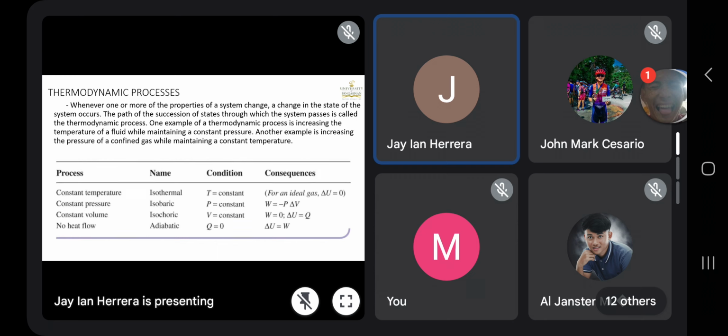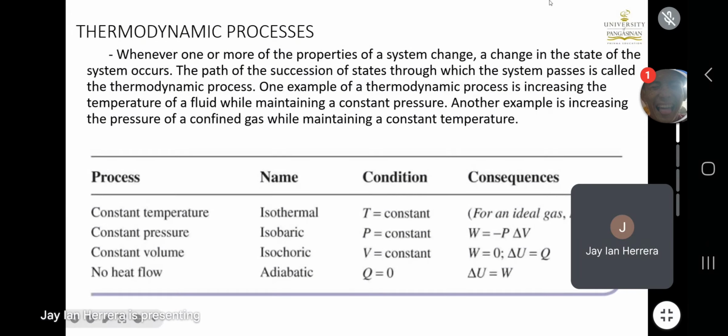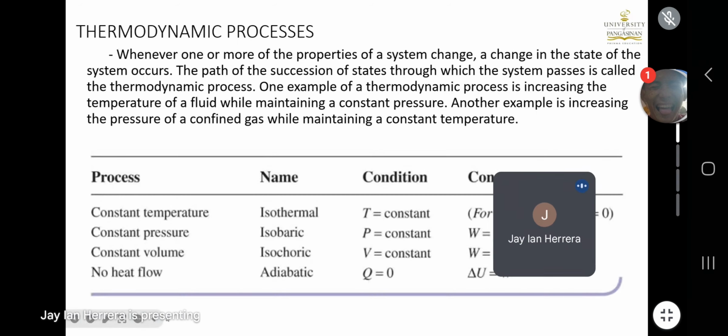Another example is increasing the pressure of a confined gas while maintaining a constant temperature.